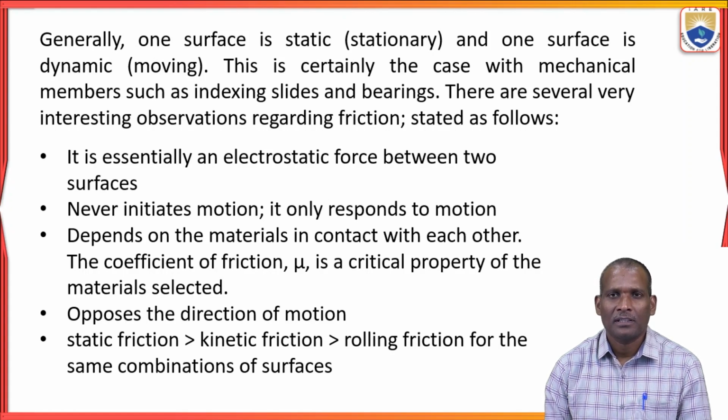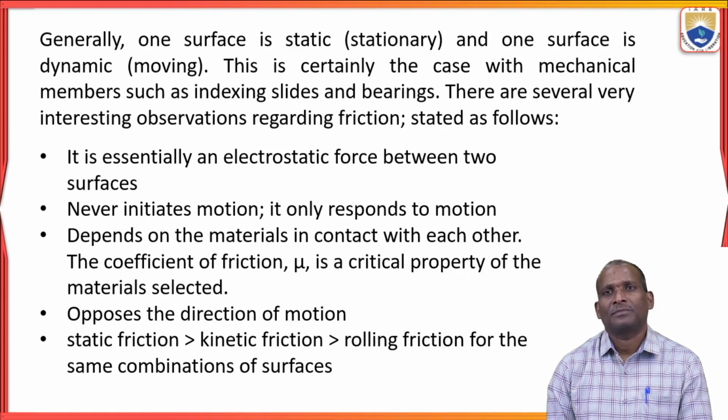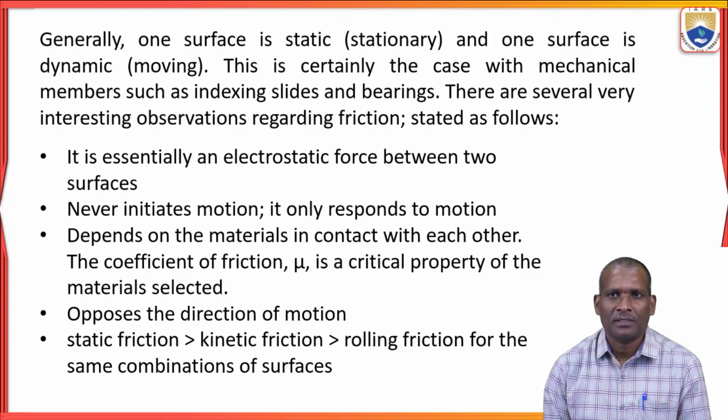In bearings, the bearing body is stationary, and the inside, the general material, is the moving element. Whenever the machine element is moving, that is said to be a dynamic condition. Whenever at rest, that is called a static position, the stationary position.